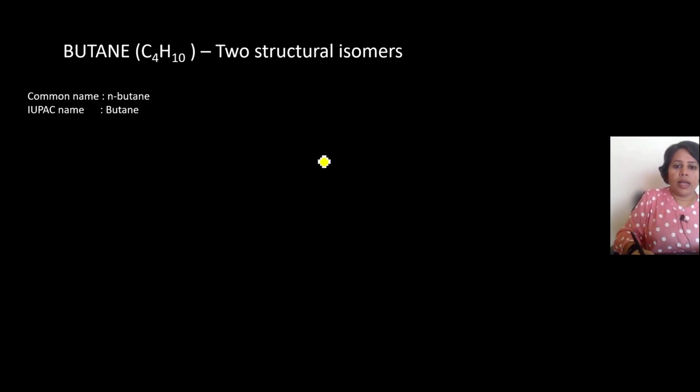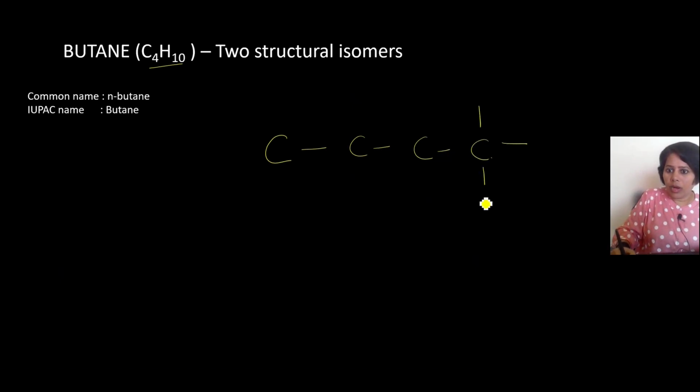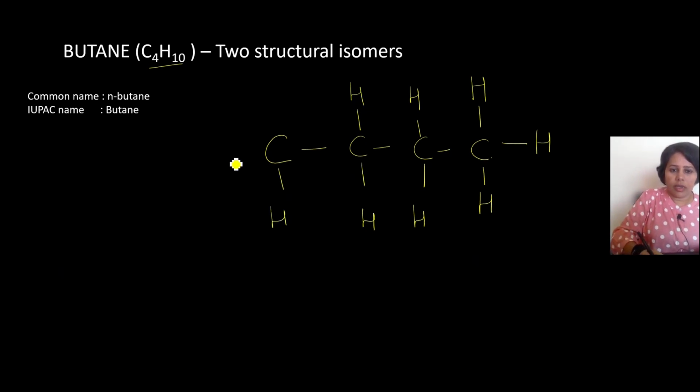First, n-butane. The molecular formula is C4H10. For the structural formula, we draw 1, 2, 3, 4 carbons, then put all the hydrogens, 1 to 10.